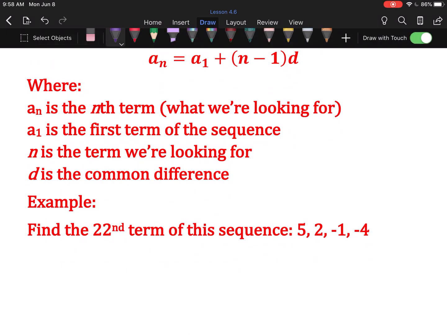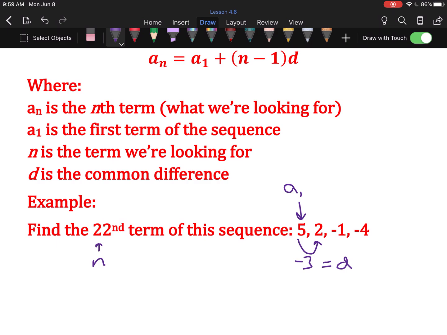Find the 22nd term of this sequence, 5, 2, negative 1, negative 4. 22 is n. I want the 22nd term, so n is 22. 5 is a sub 1. It's the first term. And to get from 5 to 2, I subtract 3, so that's my d, negative 3.